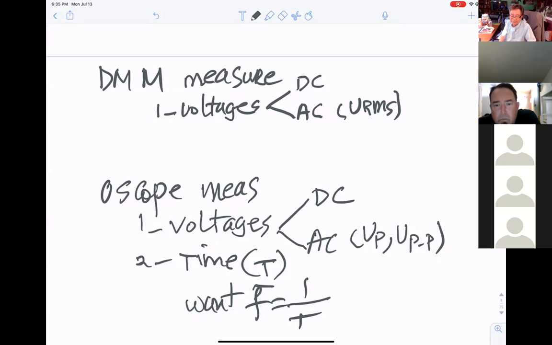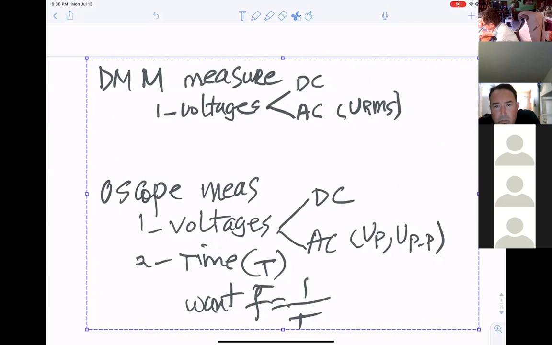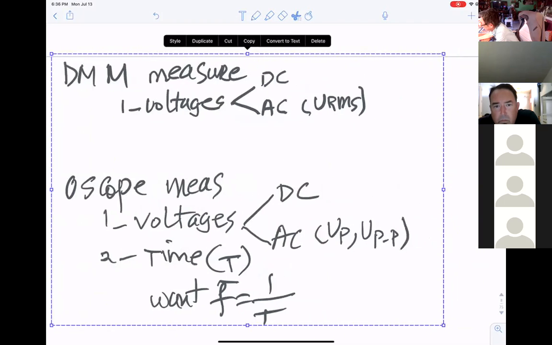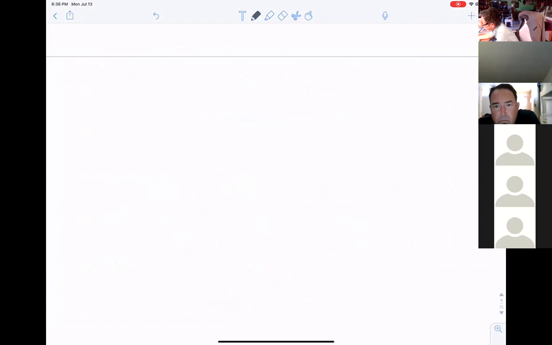That's wrong. The oscilloscope works in the time domain. The signal varies with time. And an oscilloscope cannot measure resistance or current. And now, I have the circuitry here.